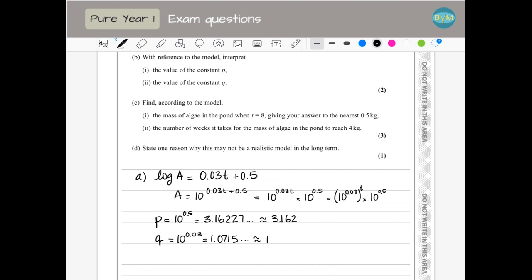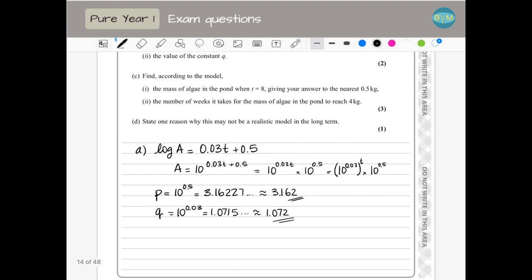Rounded to four significant figures, 1.072. So these are my values of p and q, which means really that my model is going to be p, so 3.162, times q, 1.072, to the power of t. That's for wherever they ask after.